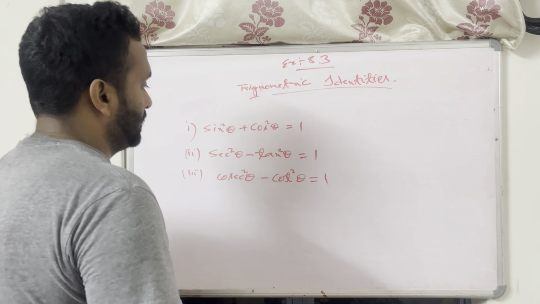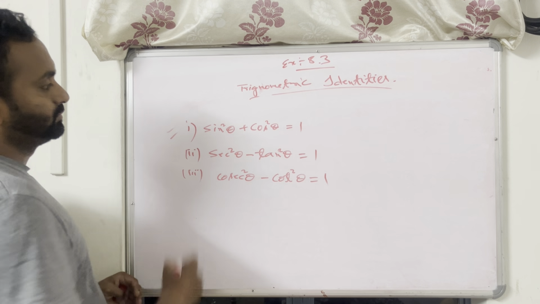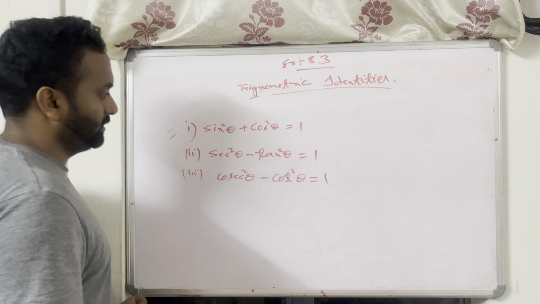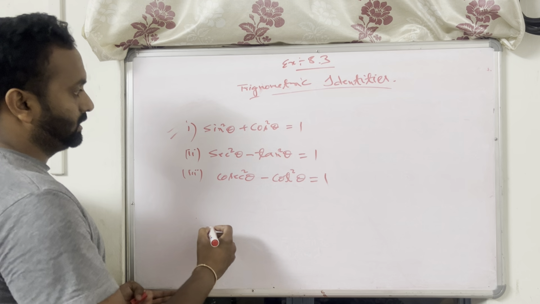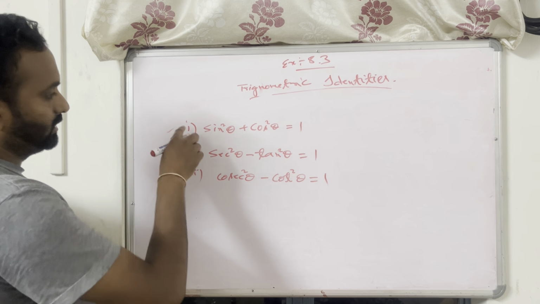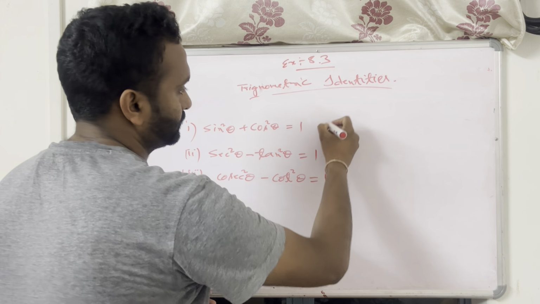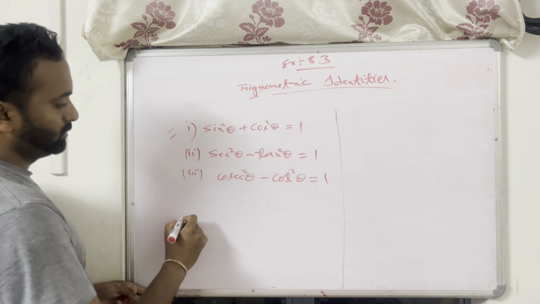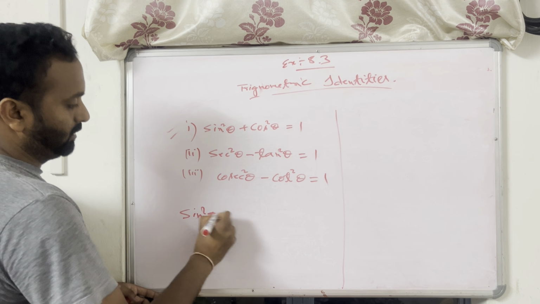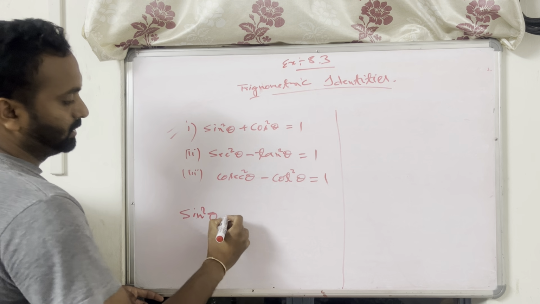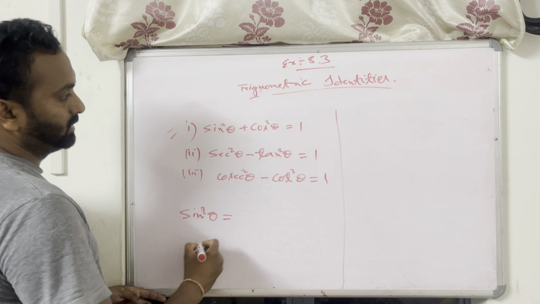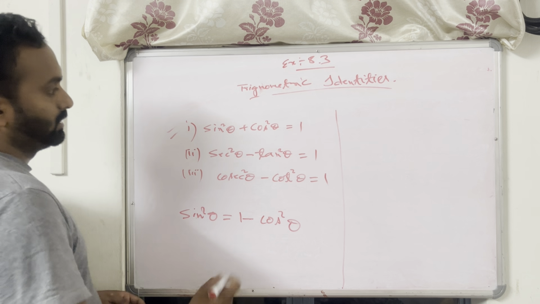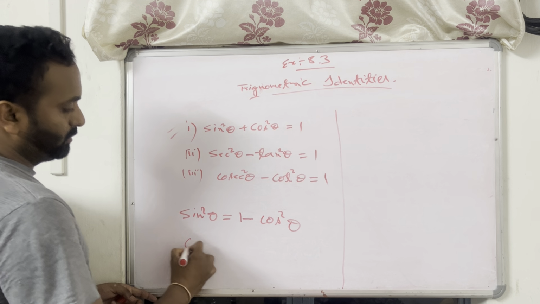Just remember that sin squared theta plus cos squared theta equal to 1 can be written in many ways. What will be the value of sin squared theta from this one? So sin squared theta can be written as 1 minus cos squared theta. And what can you write for cos squared theta?